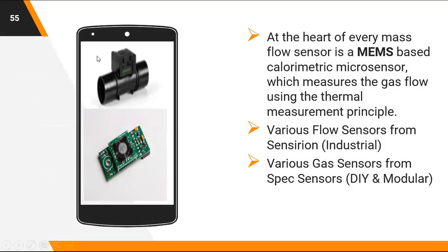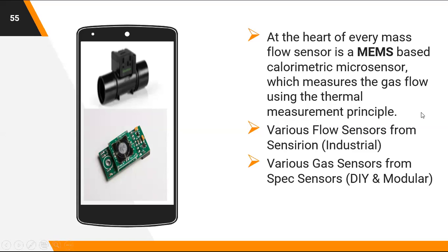I told you this flow sensor you can put in a pipe, that is a liquid or a gas pipe, and you can gather various data. We use a technology called MEMS. MEMS contains a micro sensor which is used to measure the gas flow. It uses a principle called the thermal measurement principle.